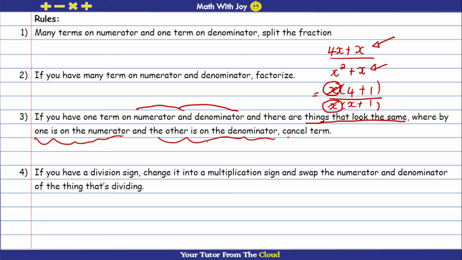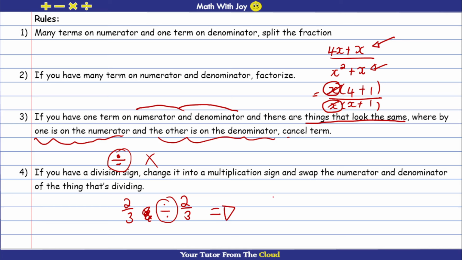All right. The fourth rule is about division signs. If you have a division sign while simplifying an algebraic expression, all you want to do is change it into a multiplication. So for example, let's make it 2 over 3 divided by 2 over 3. What you want to do is change this division into a multiplication.